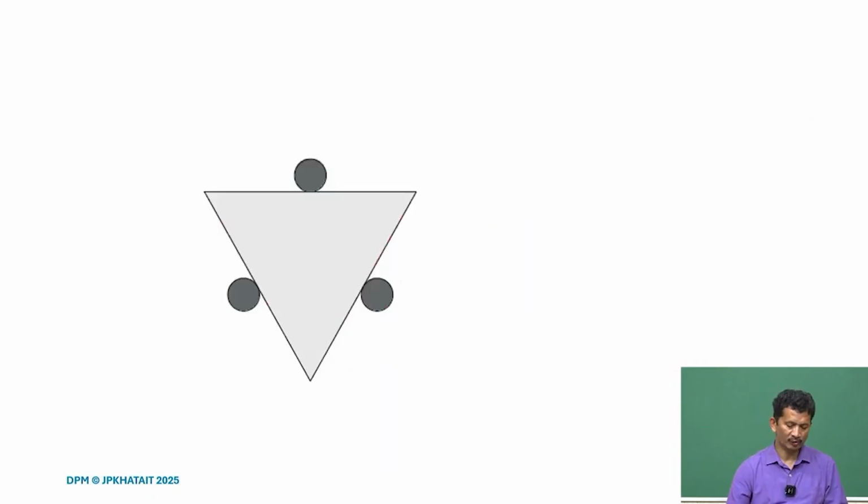Take a similar example here. Now we have C1, C2 and C3. What will happen in this case? It is a very symmetric design.